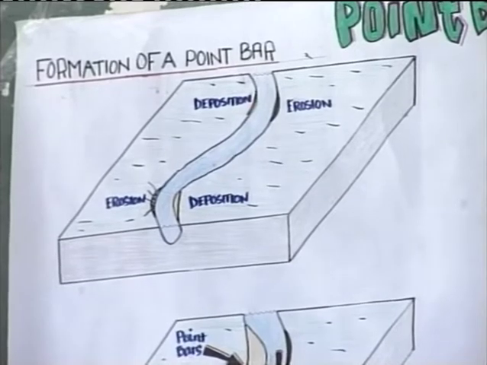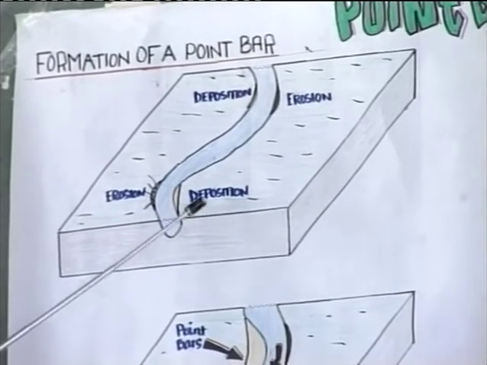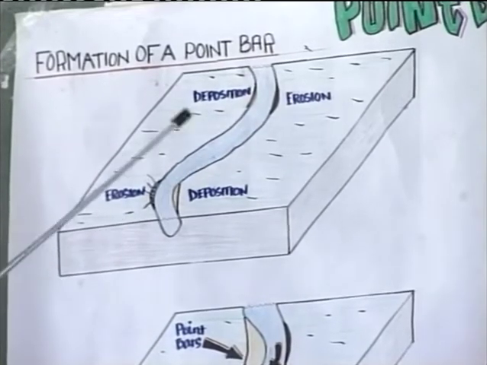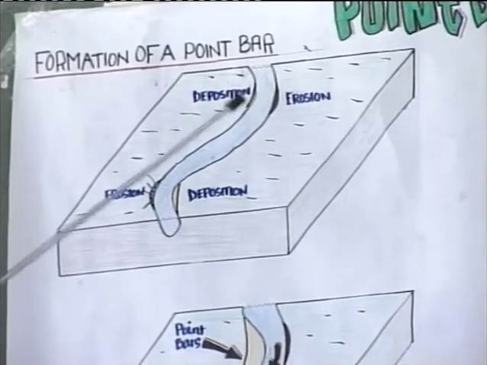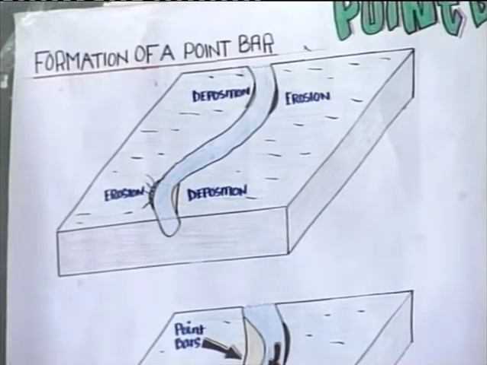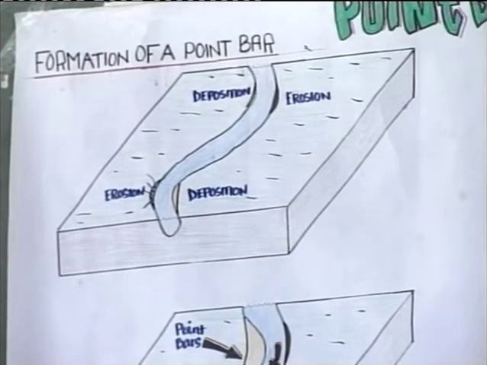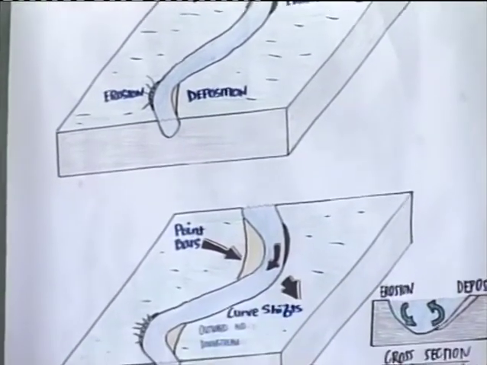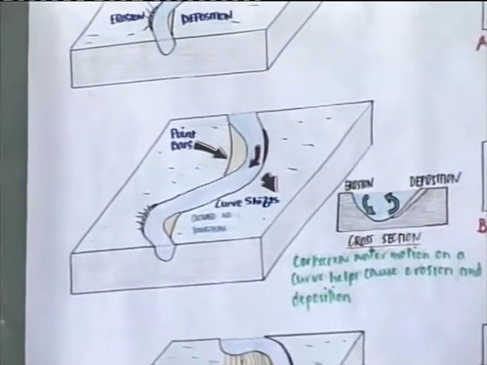Along the banks of a stream, point bars are likely to be formed on the inside of the river channel. Point bars are likely to occur on the convex banks of a stream or river where there is little or no erosion at all.